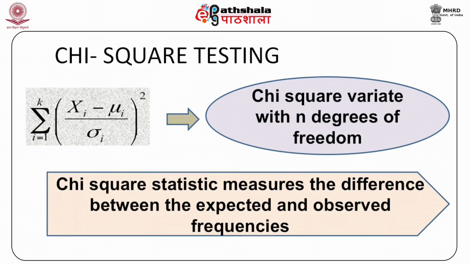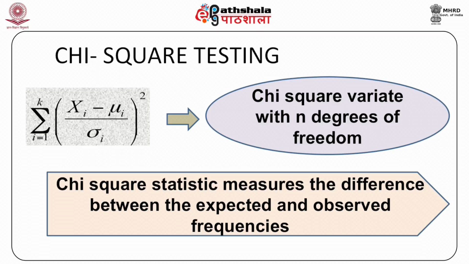Therefore, the chi-square variate with n degrees of freedom would be sigma i ranging from 1 to n, bracket xi minus mu divided by sigma i, whole squared. The chi-square statistic measures the difference between the expected and observed frequencies in absence of any relationship between the variables.